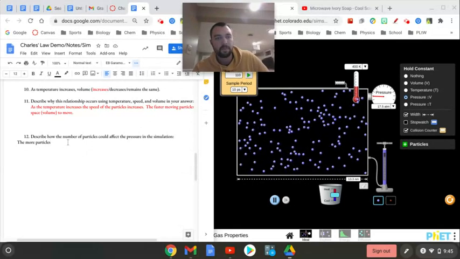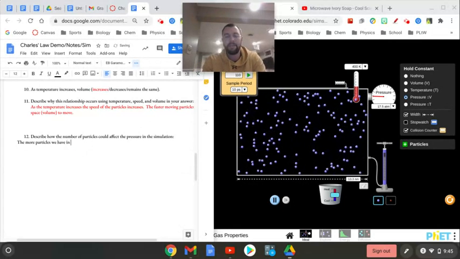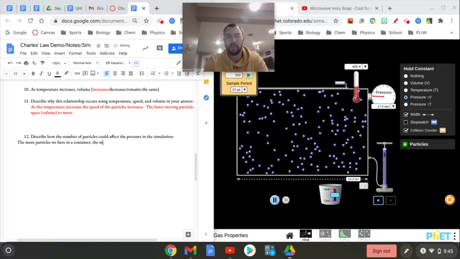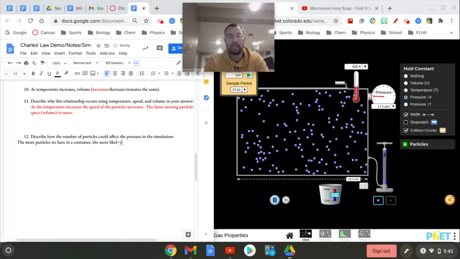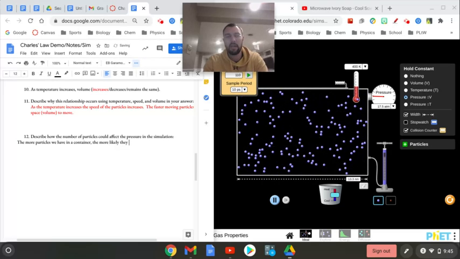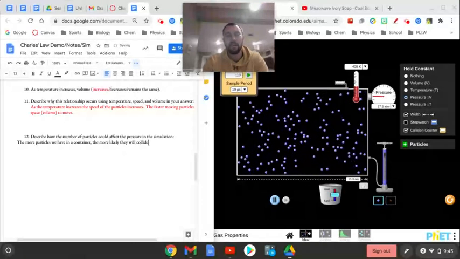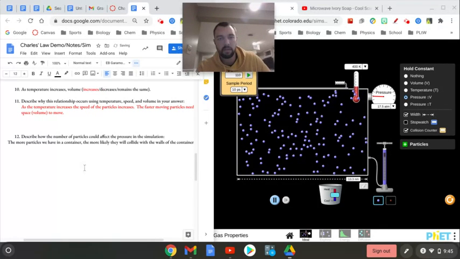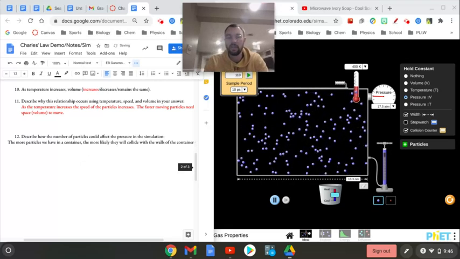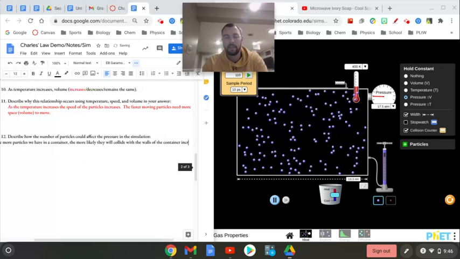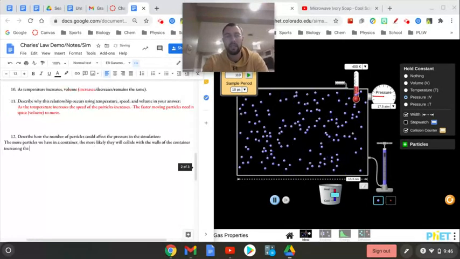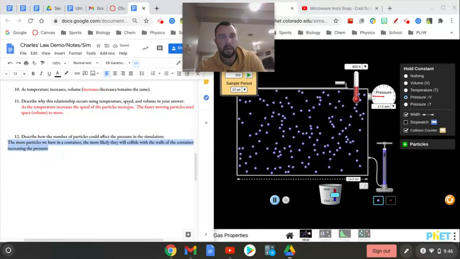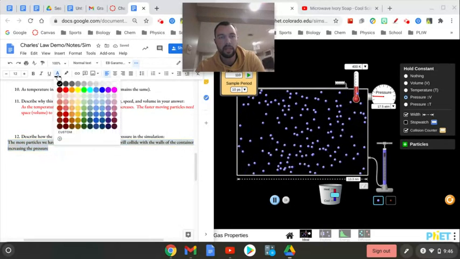So the more particles we have in a container, the more likely they will collide with the walls of the container, increasing the pressure. So that's bringing pressure into it.